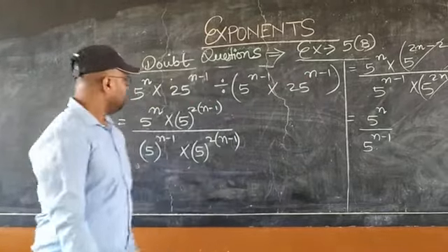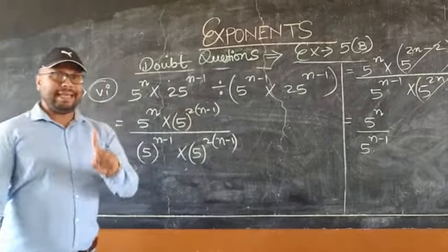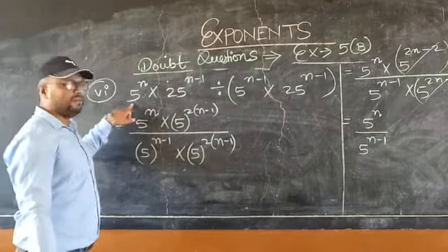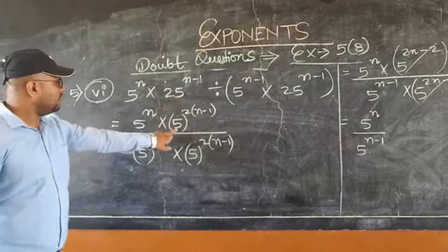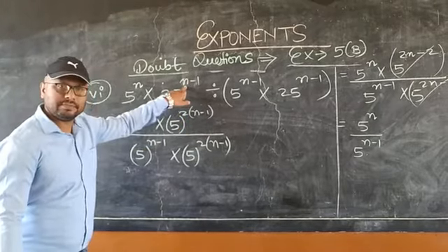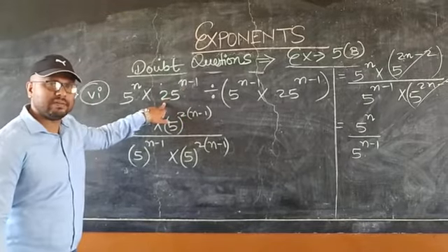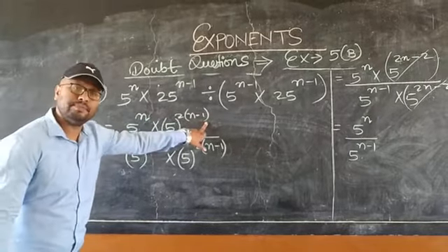Okay, students? So first of all, we need to bring all the terms into one single base. Okay? Base would be 5. Let's try it. So 25 would be written as 5 to the power 2, into this n minus 1, because 25 would be written as 5 square. So 5 square into n minus 1, I hope no problem.